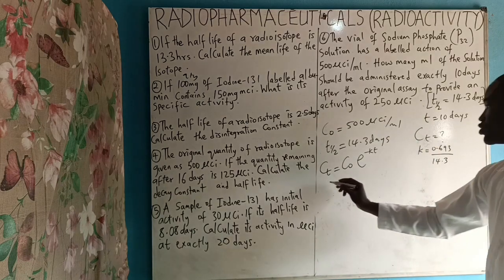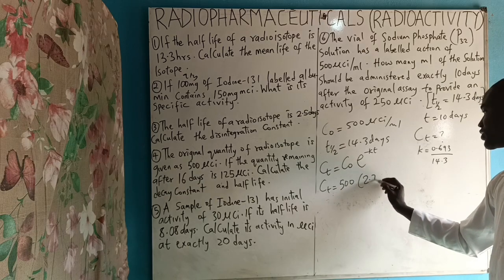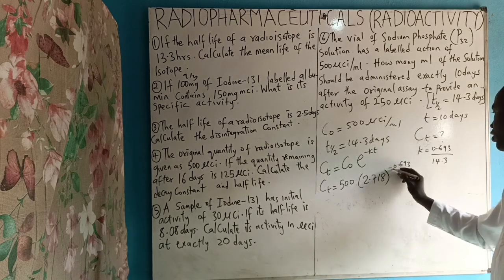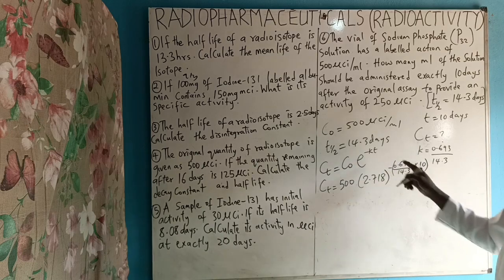Are you getting it? So CT equals 500, 2.718 raised to the power minus 0.693 all over 14.3 times what? 10. That is your T.